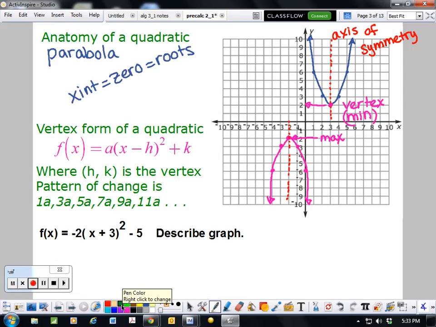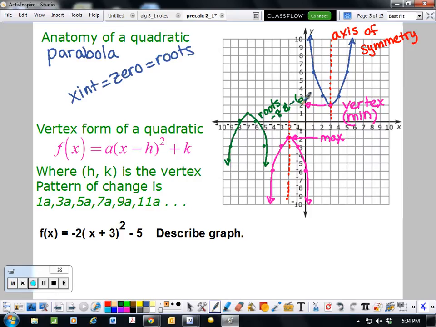Those words all really mean the same thing, and you'll see them used interchangeably depending on what's going on, which textbook you're using, and how fancy they're feeling. So if this was my parabola, my roots would be -8 and -6.